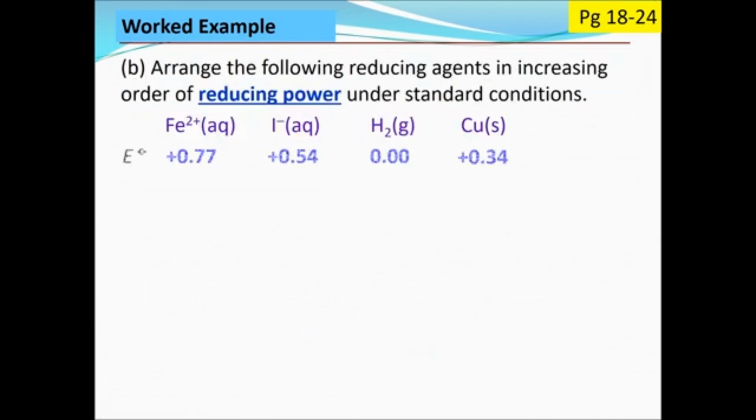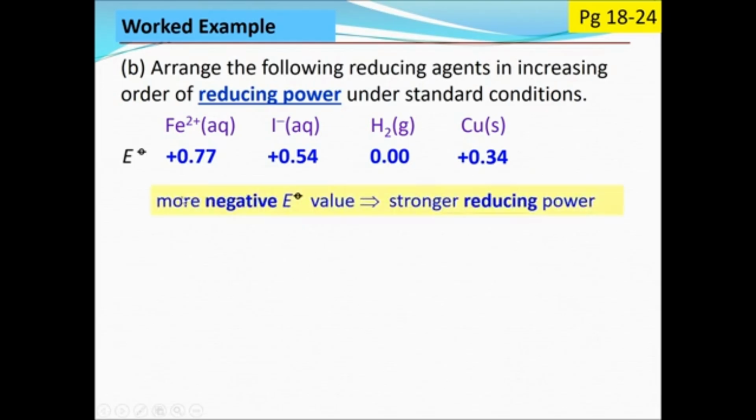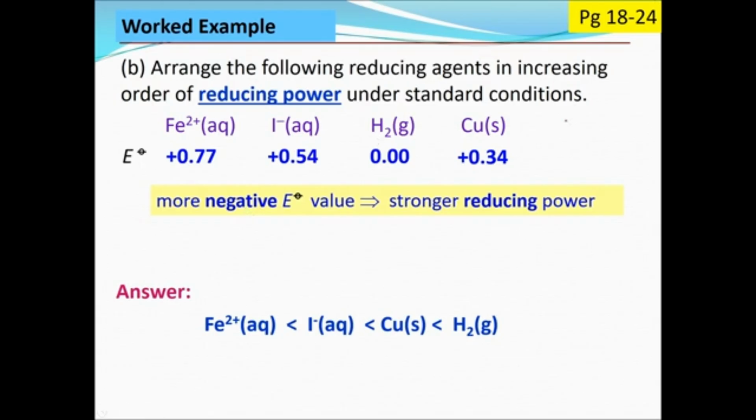Whereas the reducing power is under standard conditions, and the more negative, the stronger the reducing agent, and you can put them in this order. Just be very mindful of where you find these species: these are on the right-hand side. For some cases, like iron 2 plus, you can find it on both the left and right, so you must pick it on the right-hand side. I'll show it to you on the table we were using in a bit.